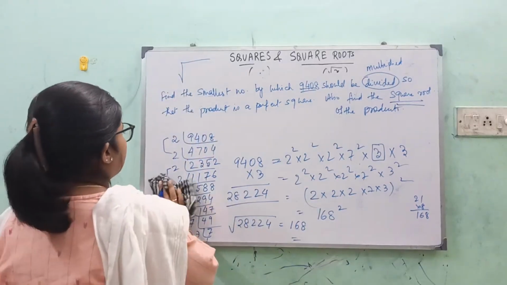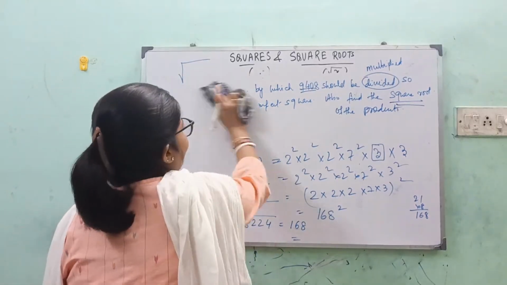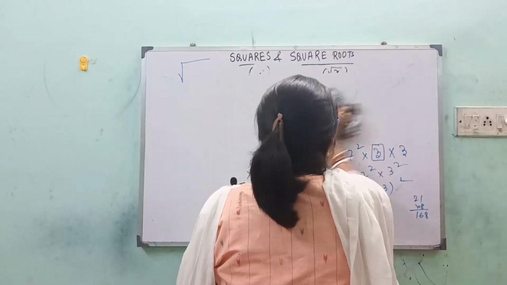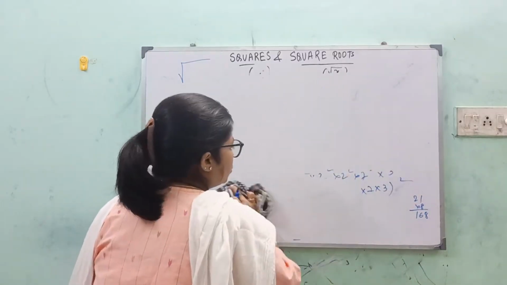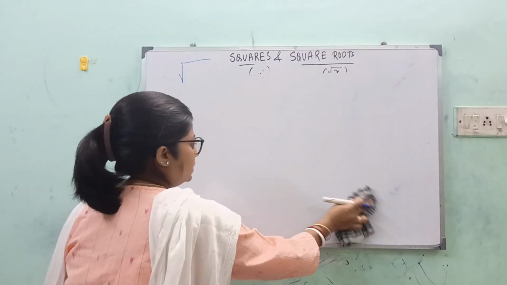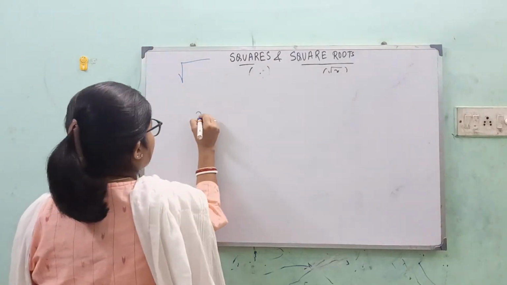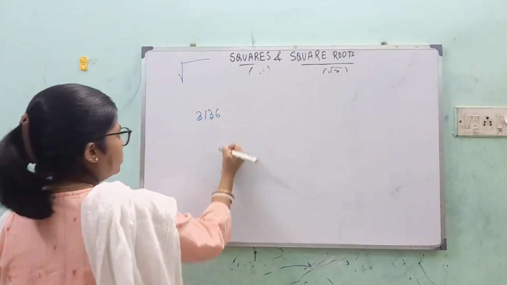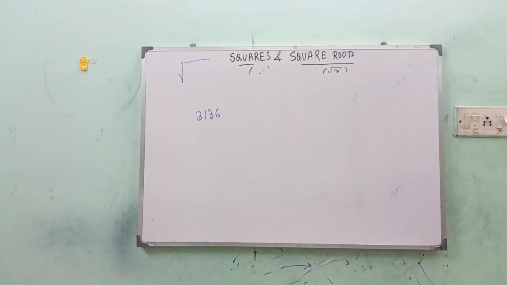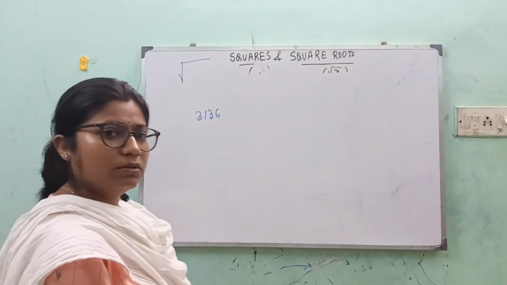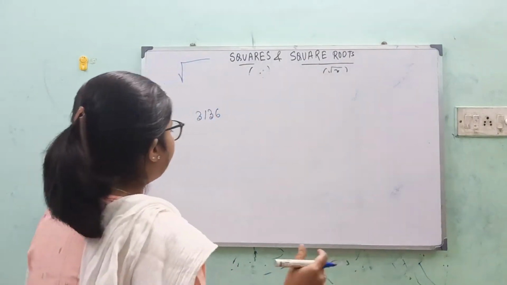Now if the question had none of these extras and the question was just to find out the square root. Say 3136 is given to you and you are asked just to find out the square root of this number. So what will you do?